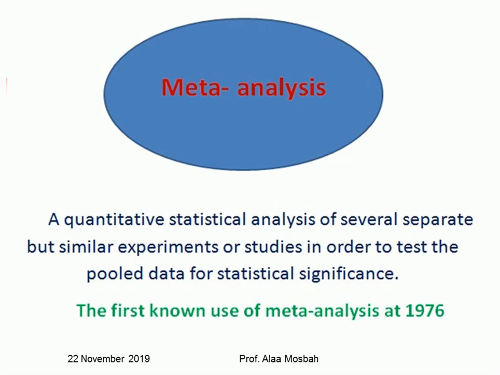What about the meta-analysis, the third big group? A quantitative statistical analysis of several separate but similar experiments or studies in order to test the pooled data for statistical significance. And this is one of the most important studies, by the way, because I collect many studies, separable but of the same idea.